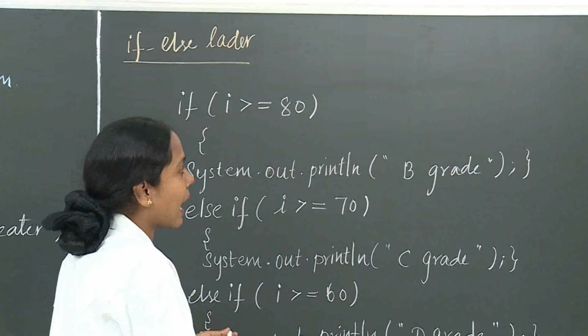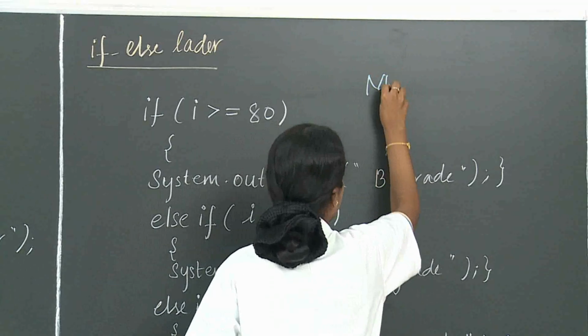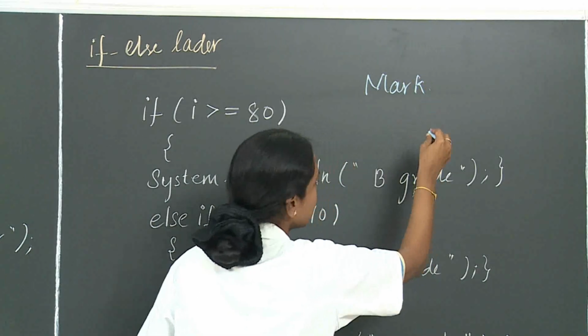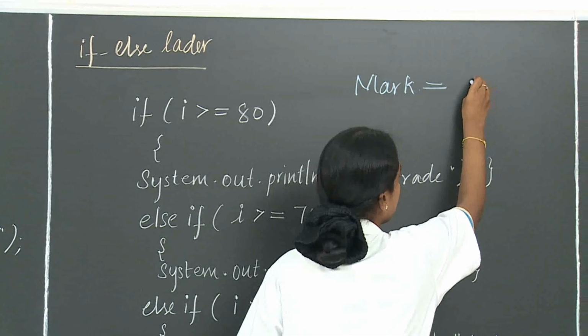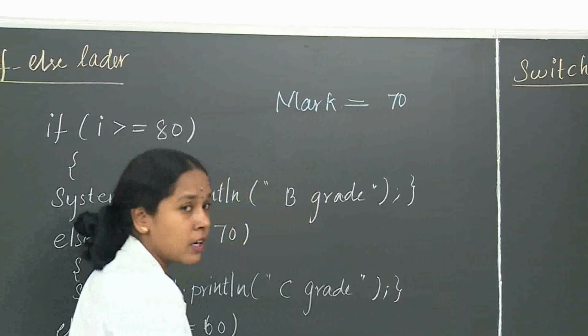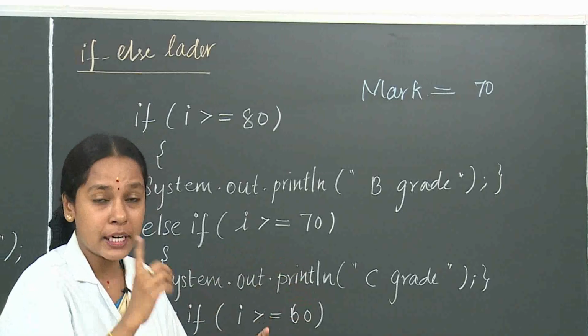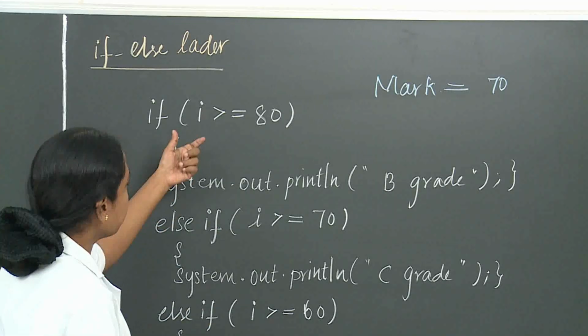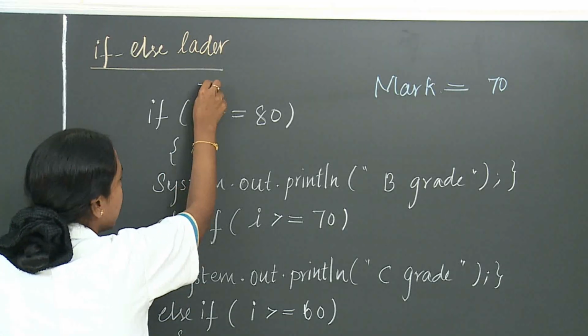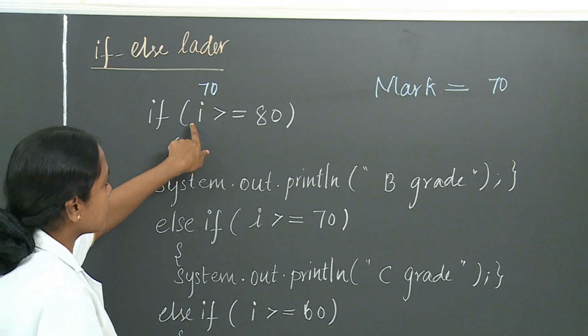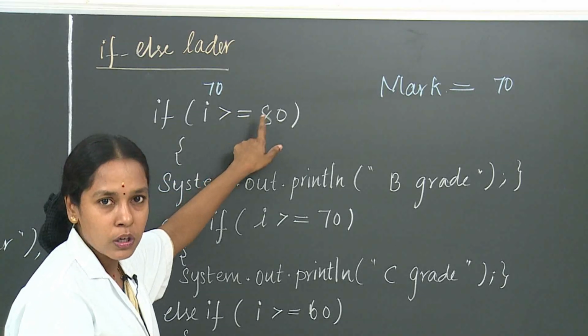Consider a mark statement. A student scores in a single subject. If she scores 70, she can secure either a B grade, an A grade or a C grade, any one of the grades is possible. For that purpose, I am going to take I as 70. So is 70 greater than or equal to 80?